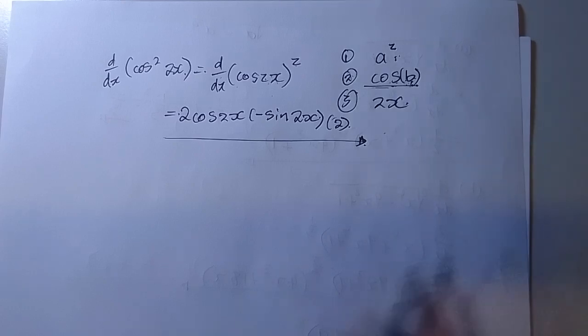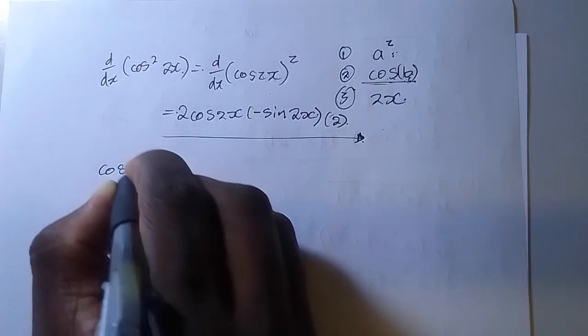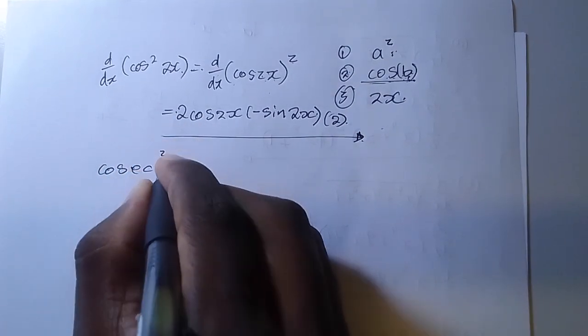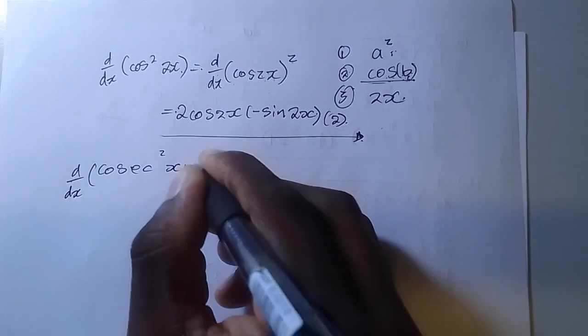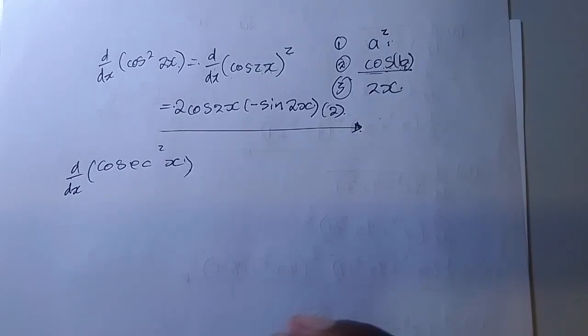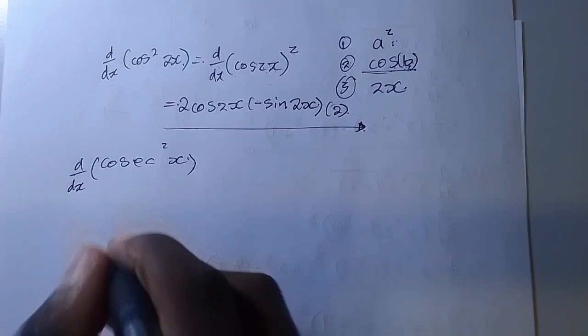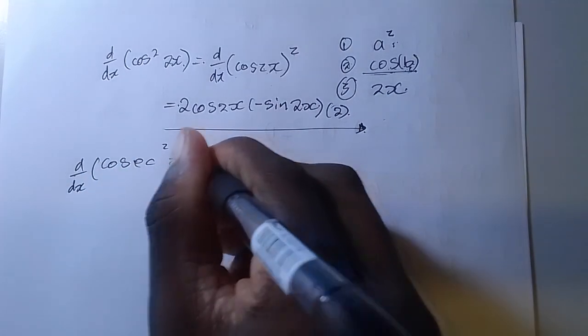But let's go to cosec squared x. We are finding the derivative of that. Now, how do we find the derivative of cosec squared x?